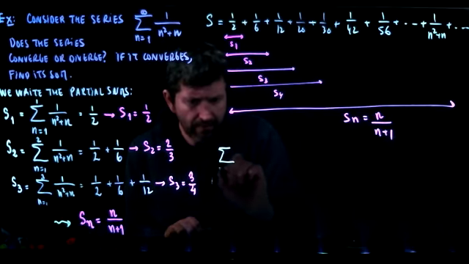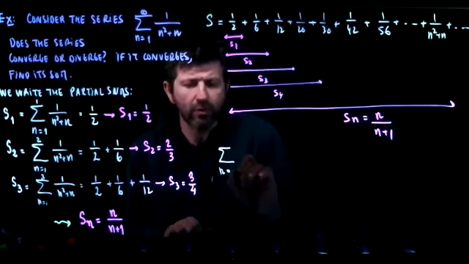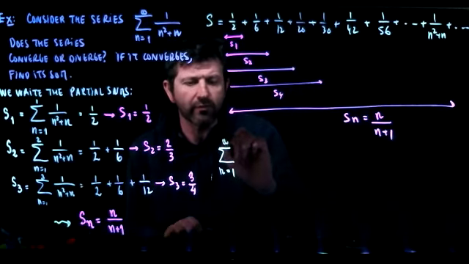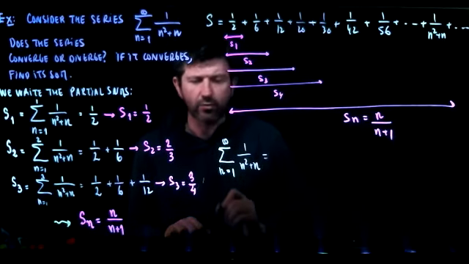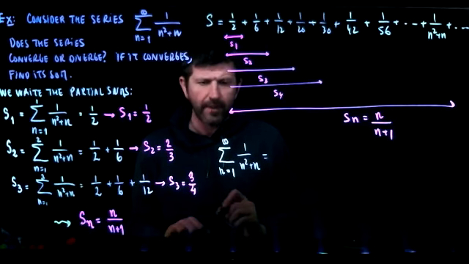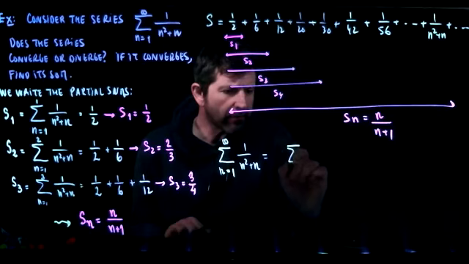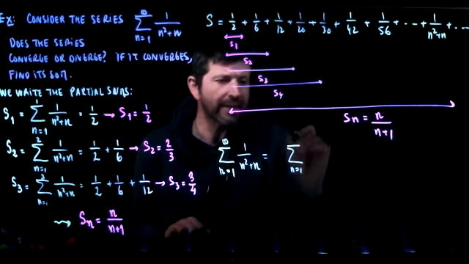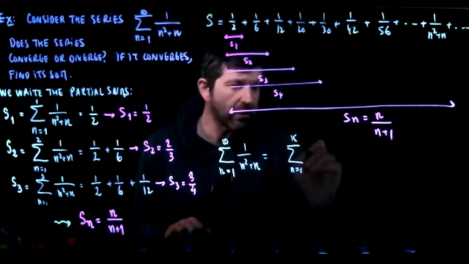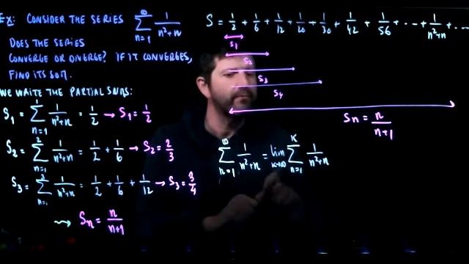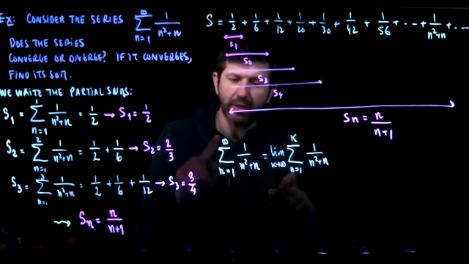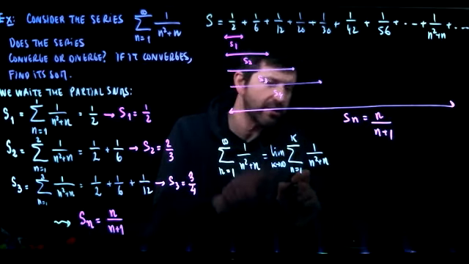The sum from n equals 1 to infinity of 1 over n squared plus n is equal to... if I do the sum from n equals 1 until, let's say, k, of 1 over n squared plus n, and I make k go to infinity, it's the same thing. Going from 1 to infinity or going from 1 to k, but k goes to infinity, same thing.